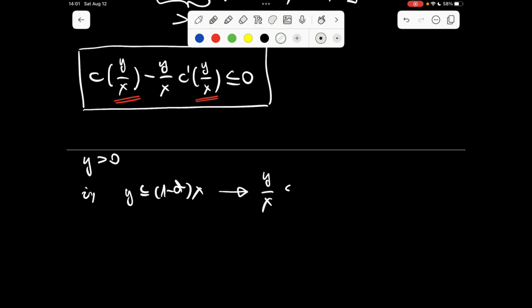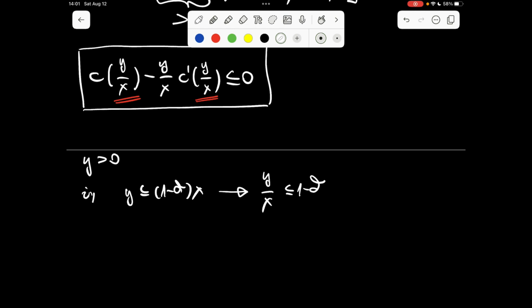This is the section of the function where costs are zero. So if y is not higher, investment is not higher than the capital stock that the firm can take along with no cost, then on this section, cost function is zero.